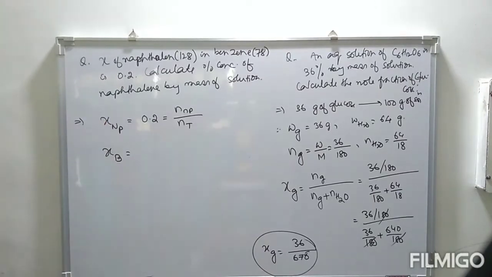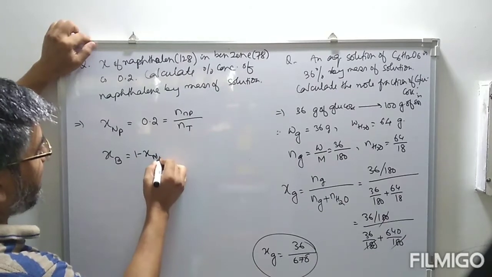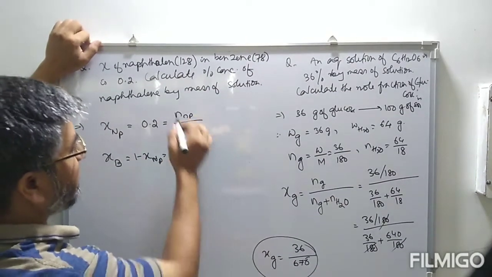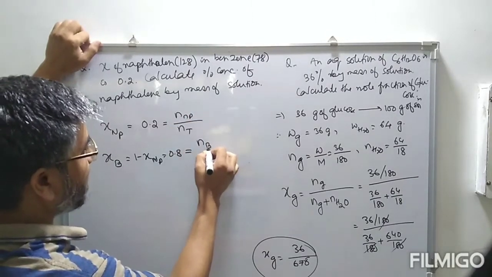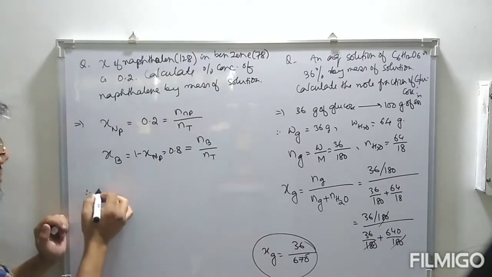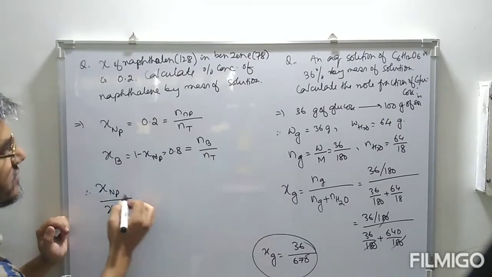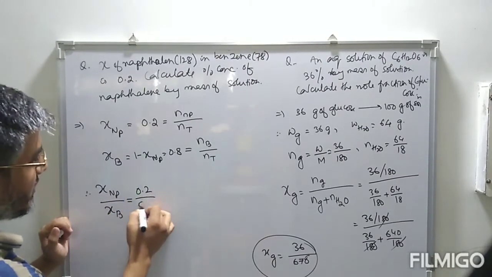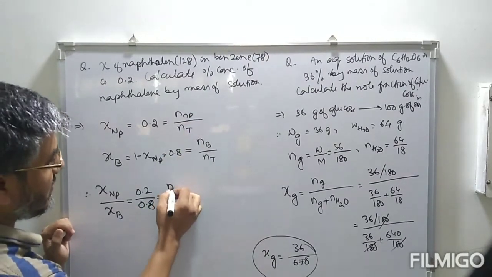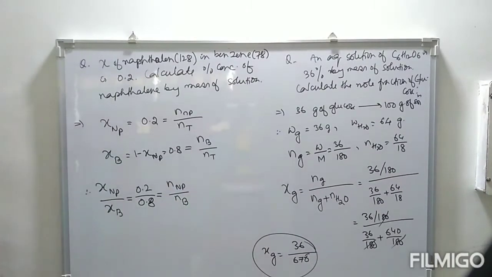So therefore, mole fraction of benzene is 1 minus mole fraction of naphthalene, that is 0.8. So this is according to definition, number of moles of benzene divided by total number of moles. So therefore, mole fraction of naphthalene by mole fraction of benzene, which is equals to 0.2 by 0.8. So this is number of moles of naphthalene by number of moles of benzene.